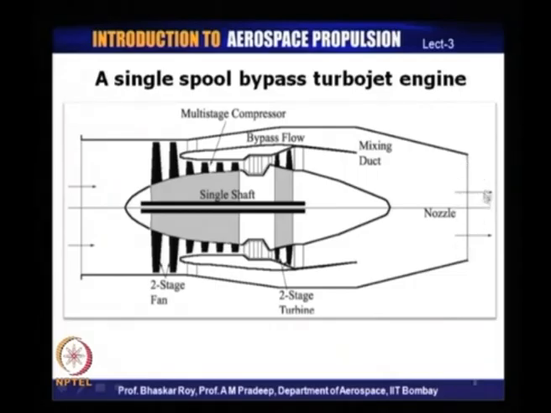Now, the kinetic energy exhausting from here is of a lower value, and as a result the amount of energy that is going out, and that we can say is a lost cause, is of a lower magnitude, and hence the propulsive efficiency of this bypass engine is of a higher value than a pure turbojet engine. And that is the reason why most of the engines today tend to be bypass engines.